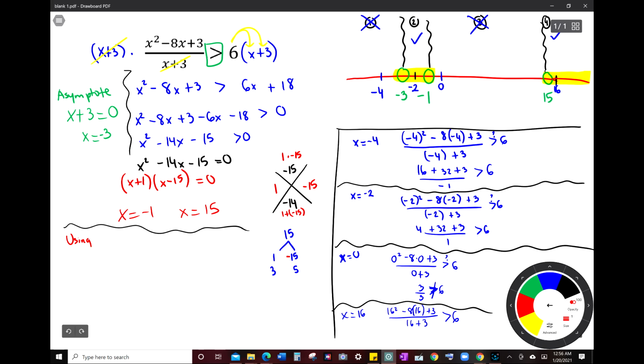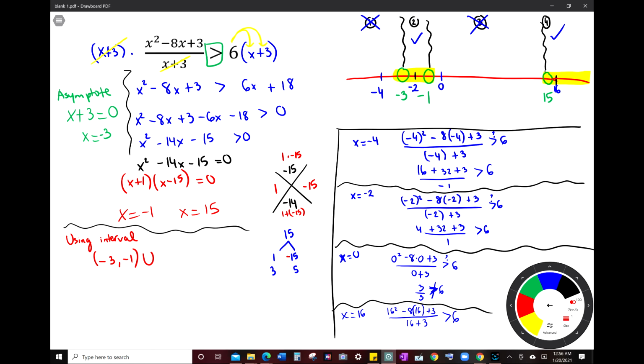So using interval, I will have -3, -1, and because both of them are open dots at both ends, therefore I use parentheses. And then we have a gap between them before we get to the next solution, therefore I use union notation.